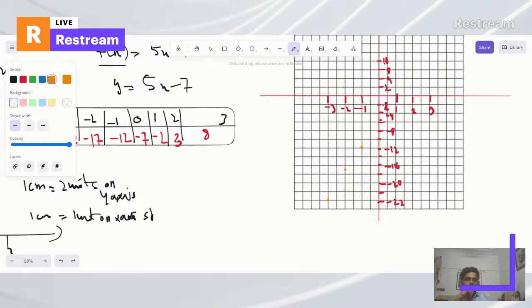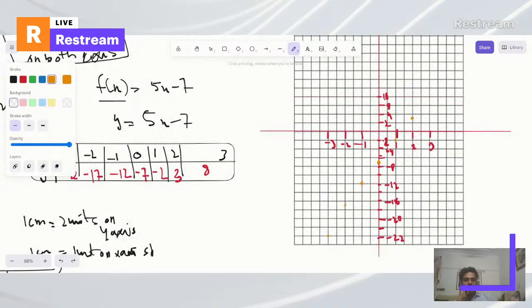And then on 0 I have -7, which is right here. Now on 1 I have -2, which is right here, and then on 2 I have 3, which is right here. And then on 3 I have 8, which is right here.